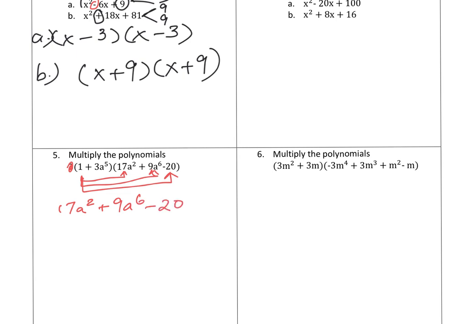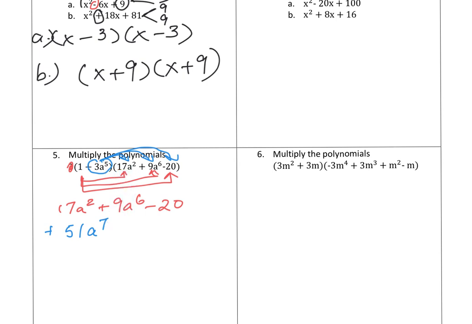And then the last part I'm going to multiply is the 3a to the 5th right here and multiply it to everything inside the parentheses. So now I will have plus 3 times 17, which gives me 51a to the 7th power, because you got the 5 plus the 2 gives me 7.